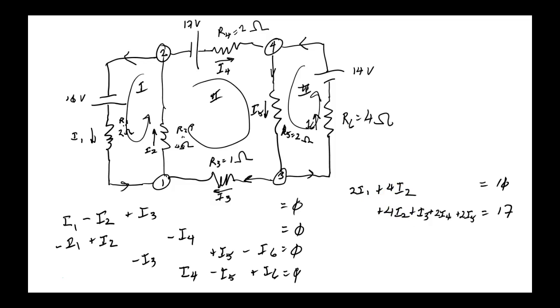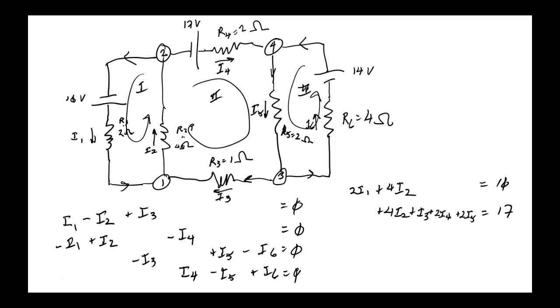So you have 4 voltage drops there, going the way we think it's going: 2I4 plus 2I5 plus I3 plus 4I2. Big one there.